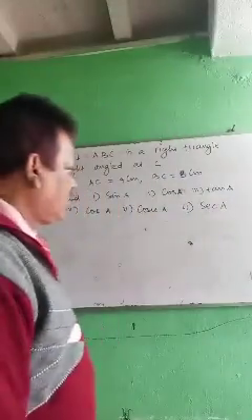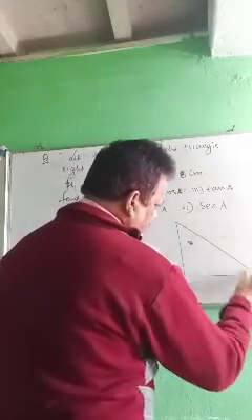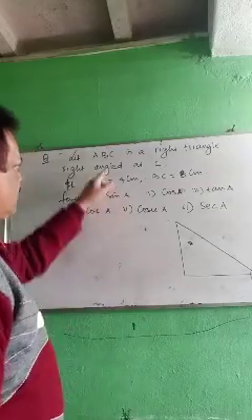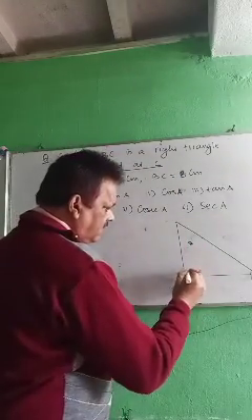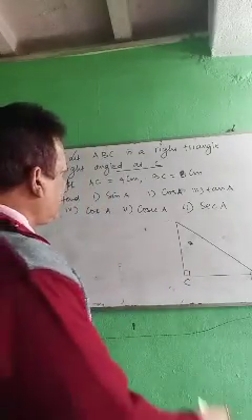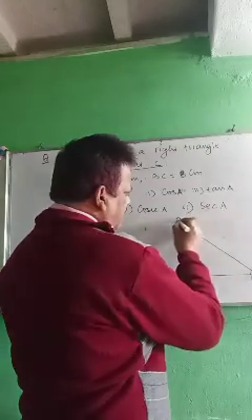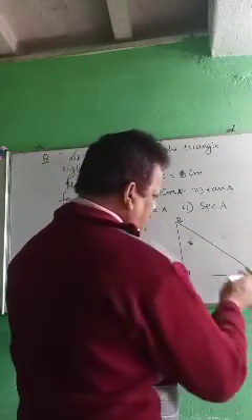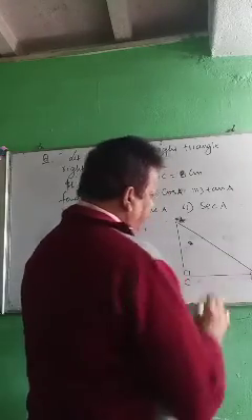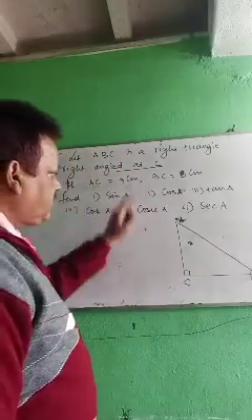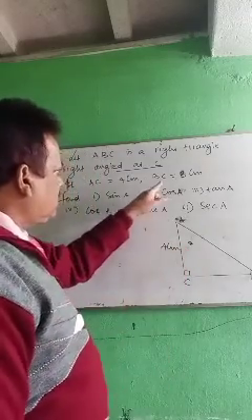Okay, now look here. First you take a right triangle at C. Right angle at C means this is your C 90 degree. So if I take this is A, this is B, anything I can take, doesn't matter. Suppose I took this, or for your convenience also I can take this is A, this is B. Out of which AC is 4, this is 4, this is 3.